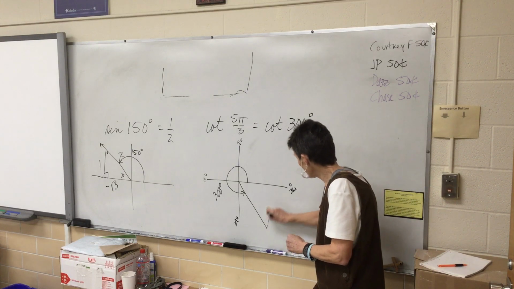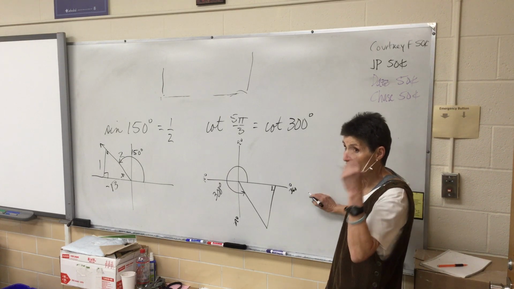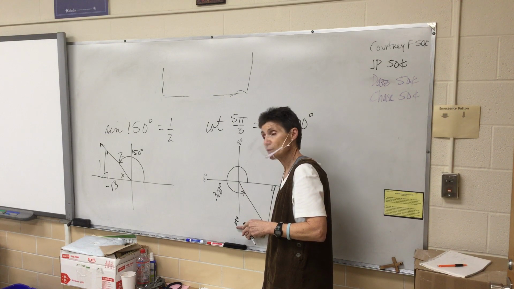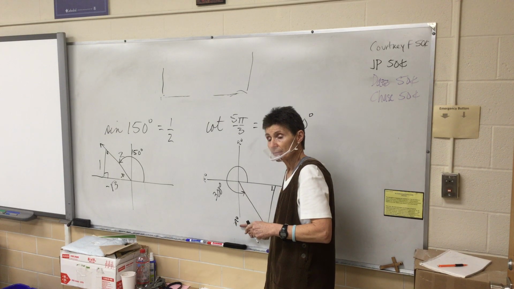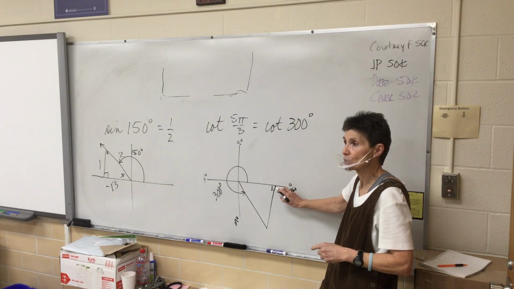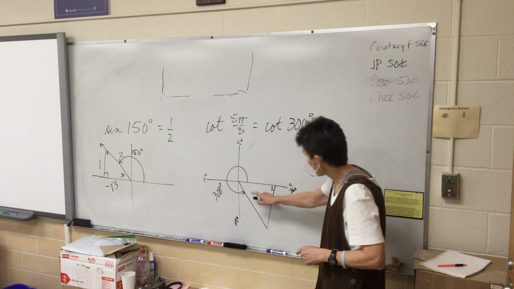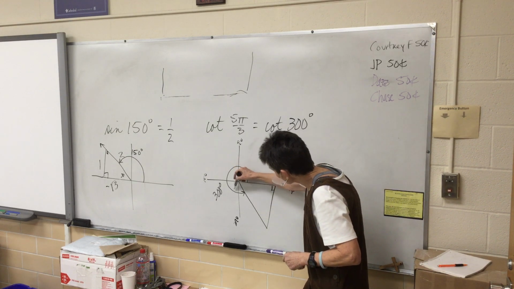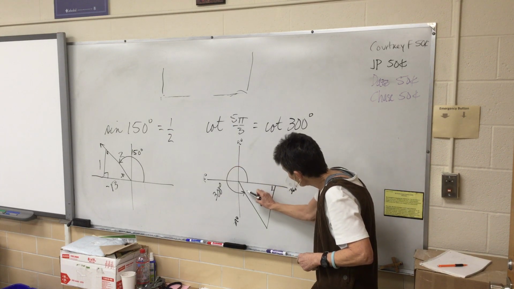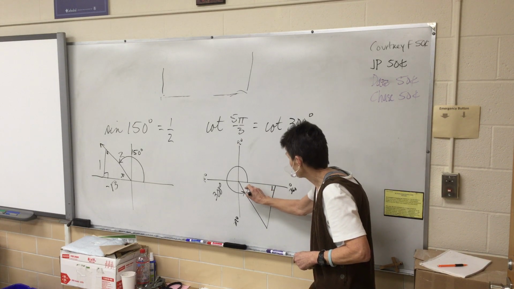So I make my triangle. And if you want to add to my gray hair, draw your triangle this way. Never do that. That will set me off. Your triangles always get attached to the x-axis. Reference angle. Now remember, that was 300 degrees. How much would this have to be then? 60.